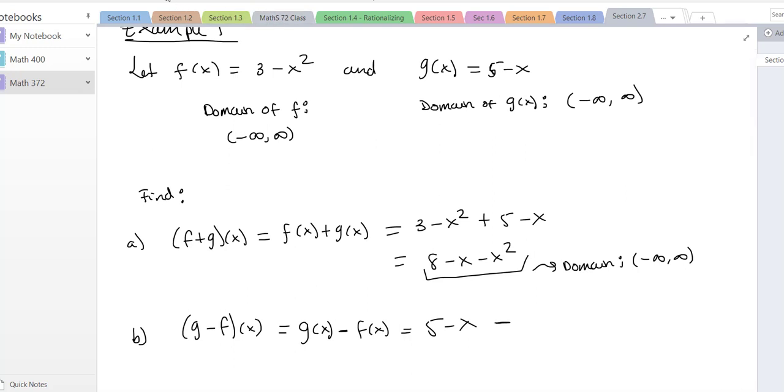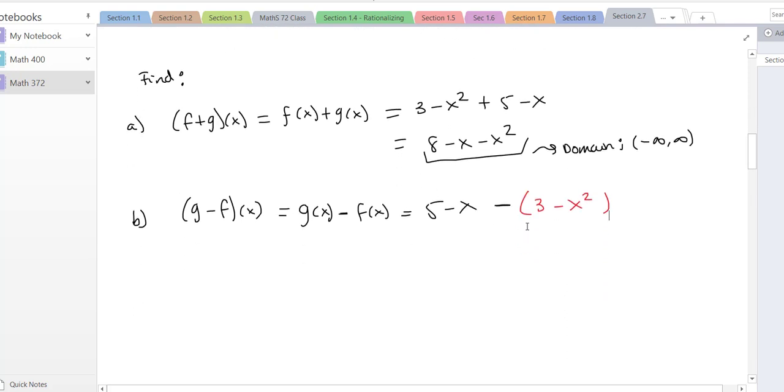If you want to make sure that you don't forget to distribute that negative, then use parentheses: 3 minus x squared. So this is my f of x. If you're pretty good about taking your negative through, just make sure that you distribute it, right? Don't just say minus 3 plus x squared. Make sure you distribute it. Or sorry, minus 3 minus x squared.